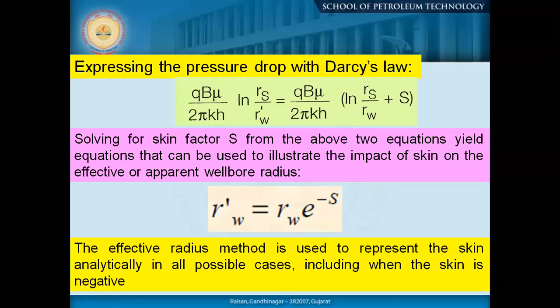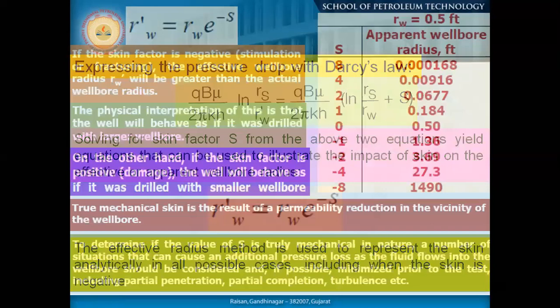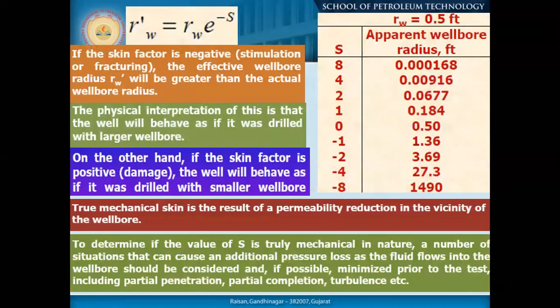It appears to me the wellbore radius has been decreased, infinitesimally small. And how about the values? If you just go through this line, you can easily see these values. If the skin factor is negative, then with the stimulation, the effective wellbore radius will be greater than the actual wellbore radius. I have shown you here negative, so this has been expanded.